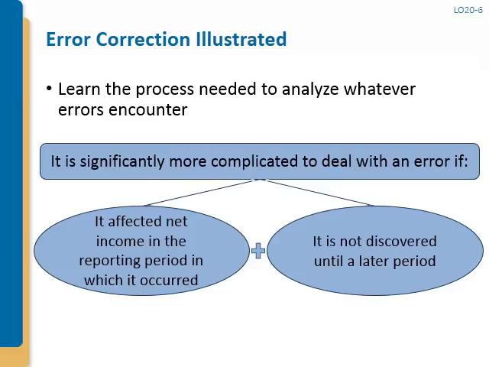As we study these examples, be sure to notice that it's significantly more complicated to deal with an error if A, it affected net income in the reporting period, and B, it occurred and is not discovered until a later period. You shouldn't try to memorize how specific errors are corrected. You should learn the process needed to analyze whether errors should be corrected.